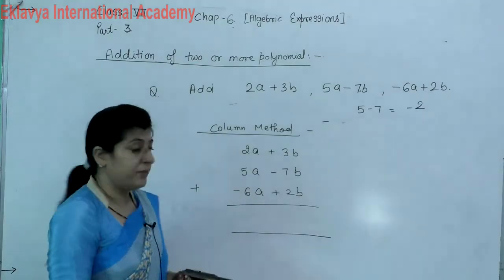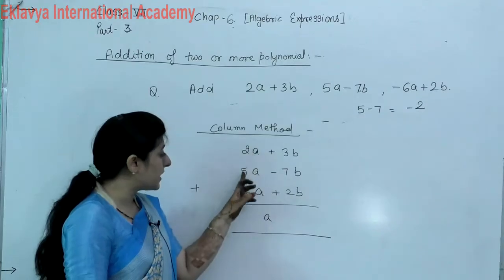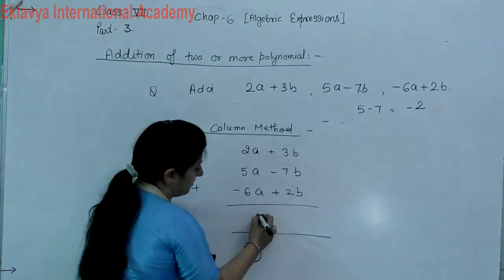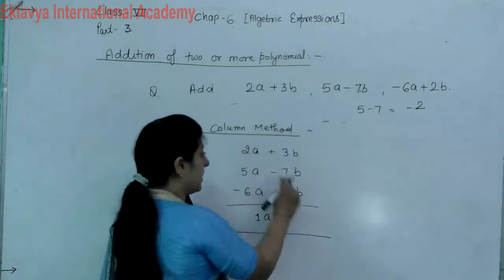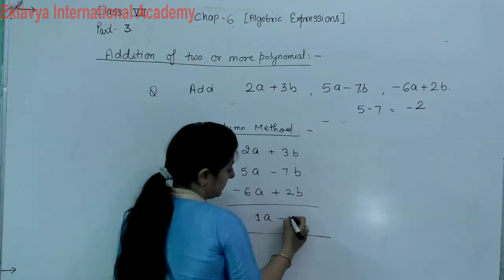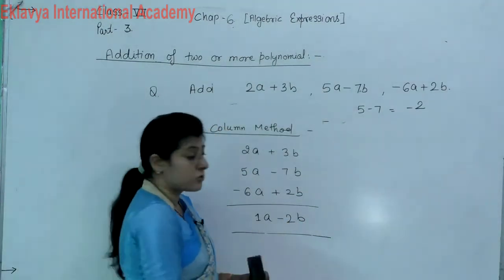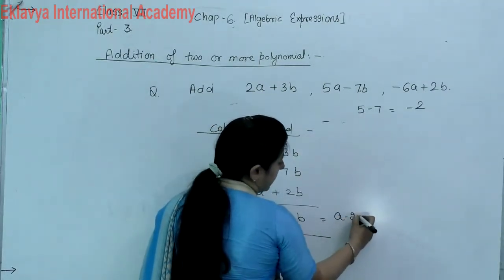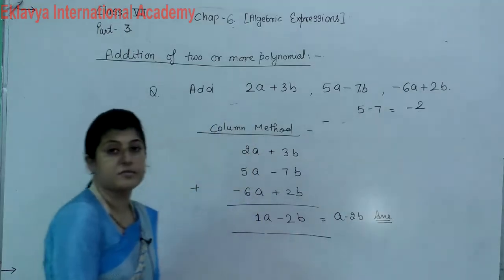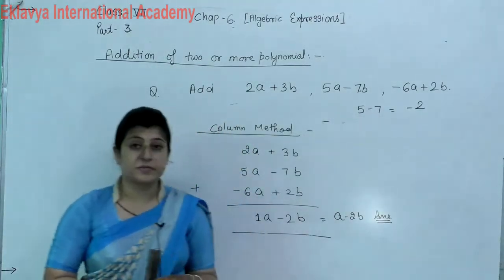All are terms with a, so your answer will come with a. Solve with numerical coefficients: 2 plus 5 is 7, 7 minus 6 is 1, so 1a. Then 3 minus 7 plus 2 is 5 minus 7, which is minus 2, so minus 2b. It means your answer is a minus 2b. So we can apply the column method like this.